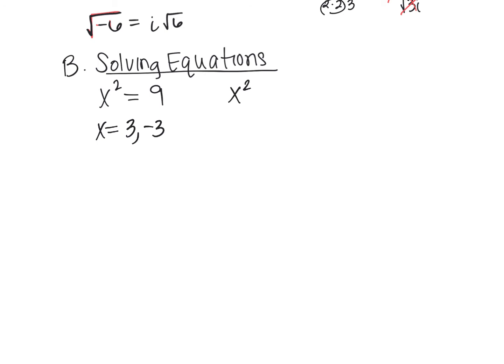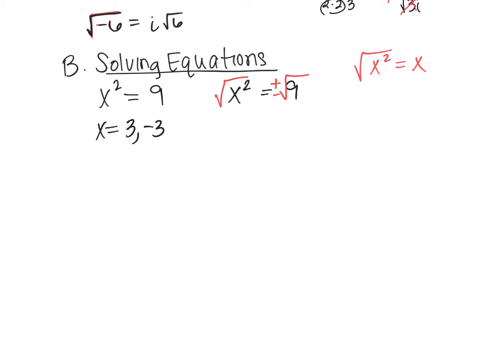So let's look at how we're going to show work on that equation. The square root undoes the square. So the square root of x squared is equal to x. So we can use that like we would divide both sides or multiply by both sides to do the inverse. We're going to take the square root, and when we take the square root of the number, we're always going to put a plus and a minus in front of it.